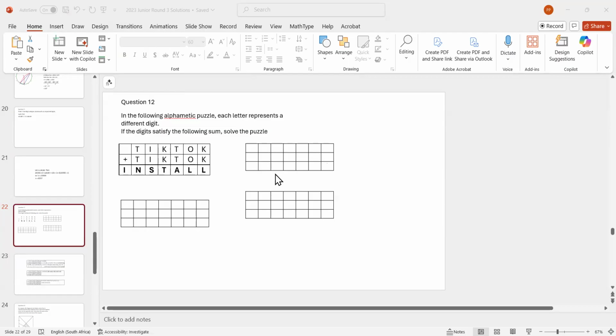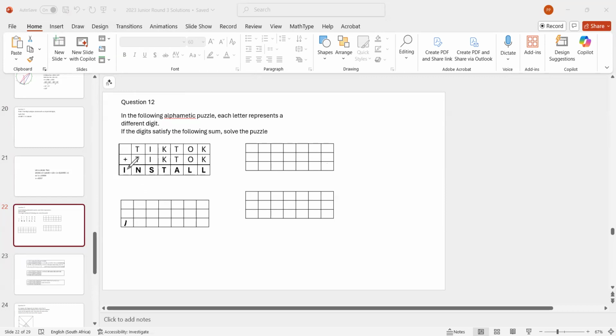I've got several diagrams here because I'm going to try various things. You have to try out various things and use logic to calculate this. Let's start. This thing here has to be 1, because when you add two single digits, the worst case is 1 carried over.